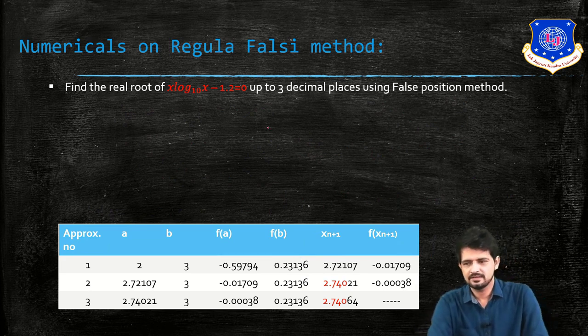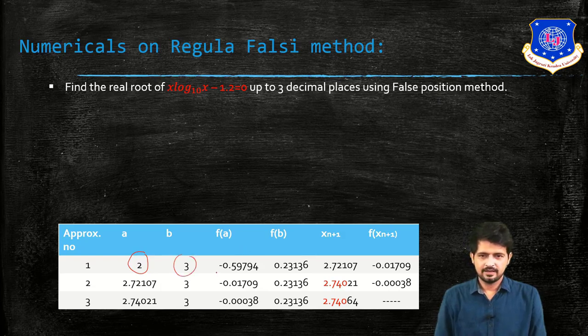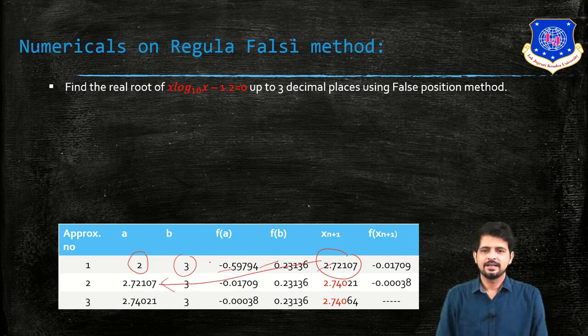You can see here this is my A, then B, f of A, f of B, then this is my xn plus 1, and this is my f of xn plus 1. So f of xn plus 1 is negative, so what is to be done in the next approximation? See, this xn plus 1 is placed in A, and my B will be as it is.